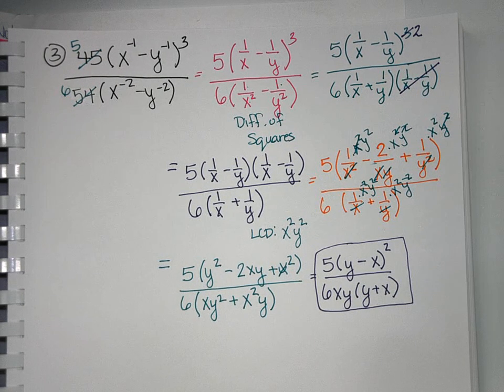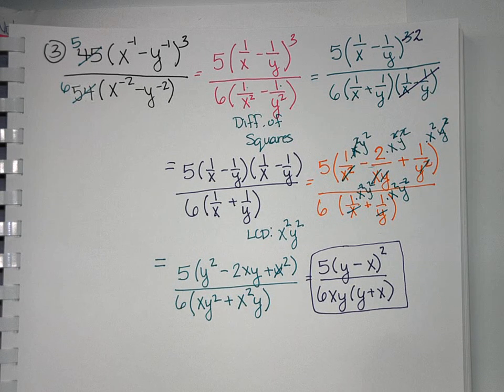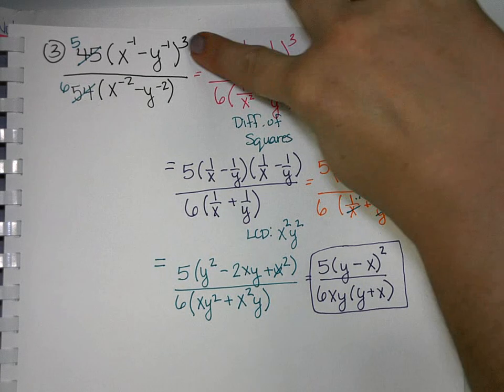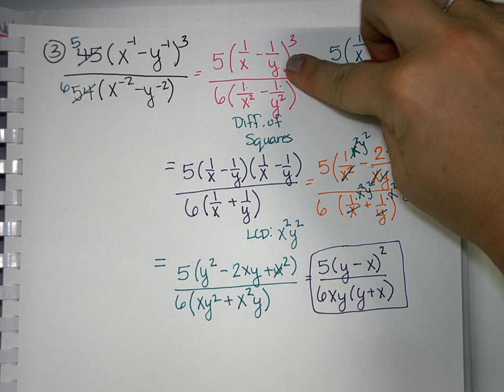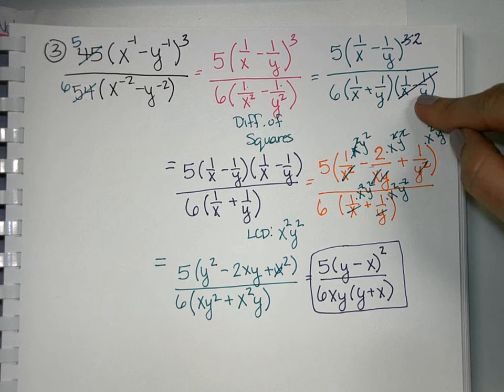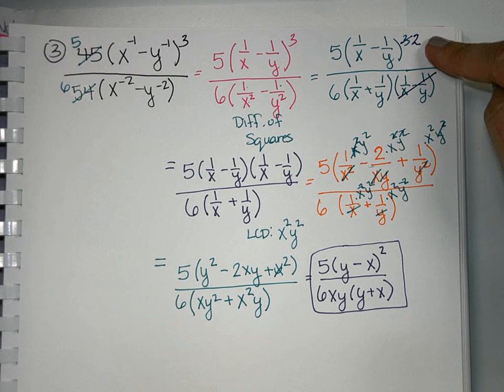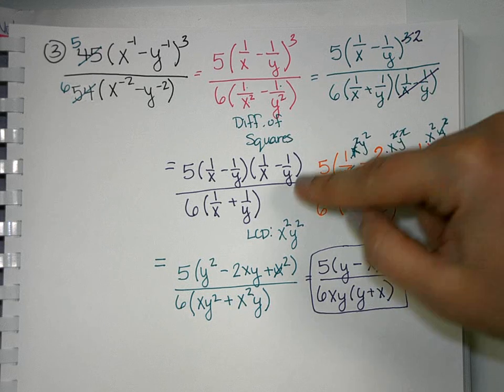Okay, so just to recap on this one, we started off in a slightly different manner as opposed to getting rid of the negatives and finding the LCD. Because of that cube on the outside, we got rid of the negatives, but then we factored a difference of squares so that we could make our exponent in the numerator a little bit smaller, so we would have less multiplication here.